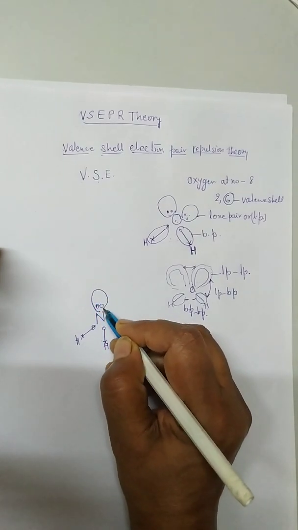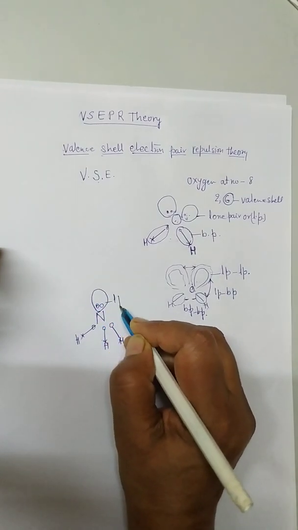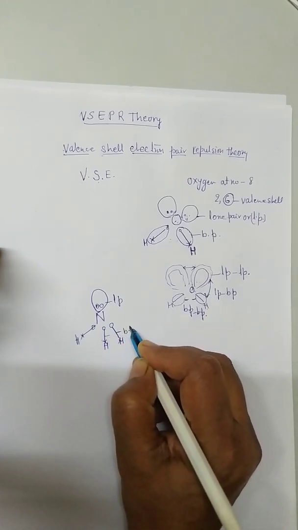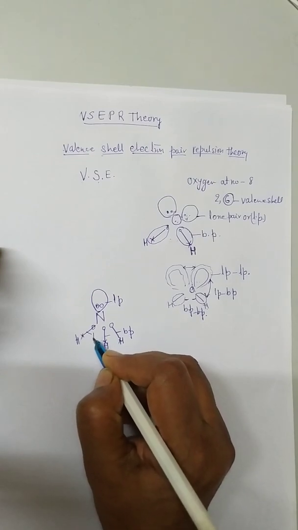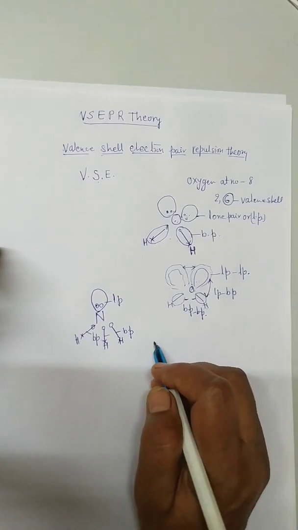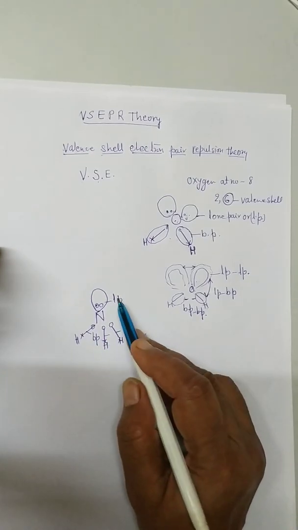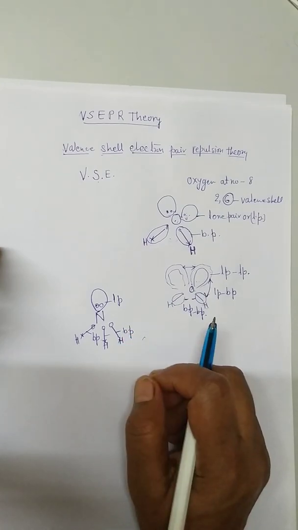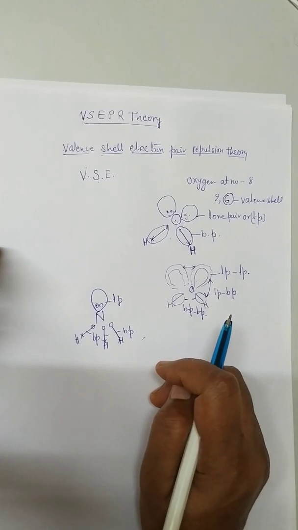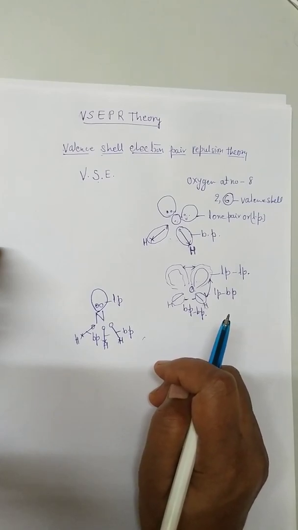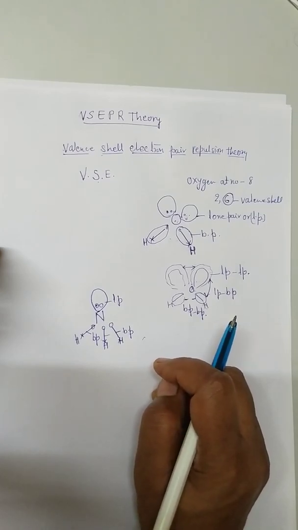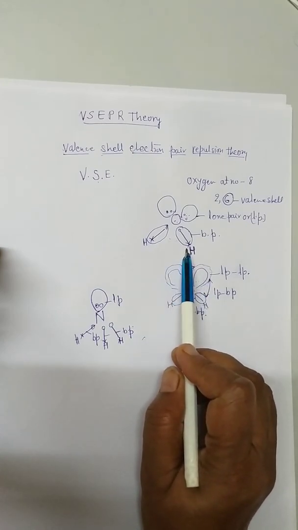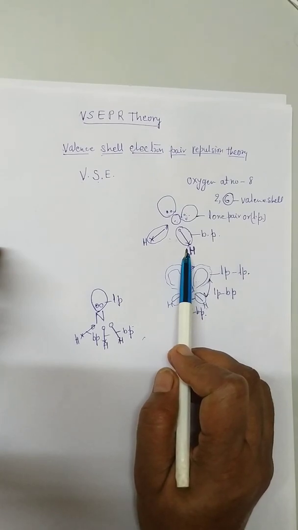The nitrogen has one lone pair and there are 3 bond pairs. Due to the presence of lone pair and bond pairs, the molecule has its own shape. They have different geometry. Ammonia has different geometry than the water molecule.